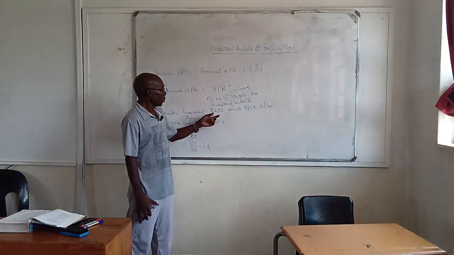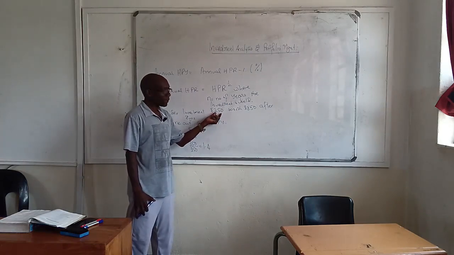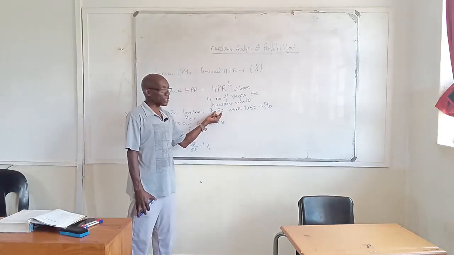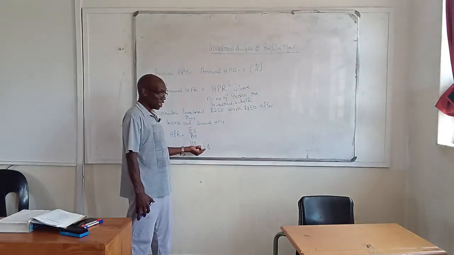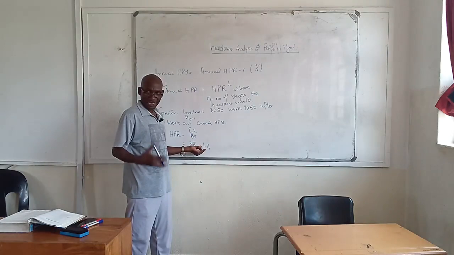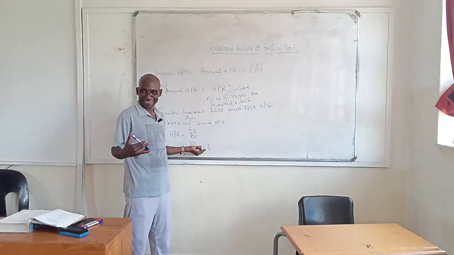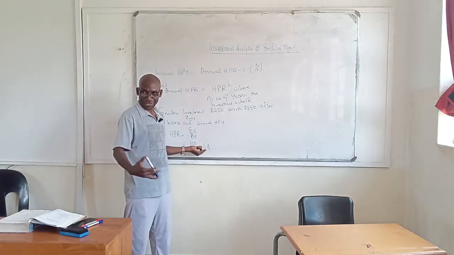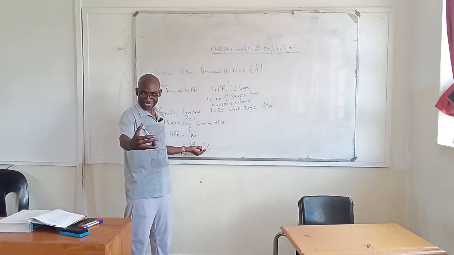If you invested 250 and you are getting less than 250, it will be less than 1, but above 0. More than 0, but less than what?